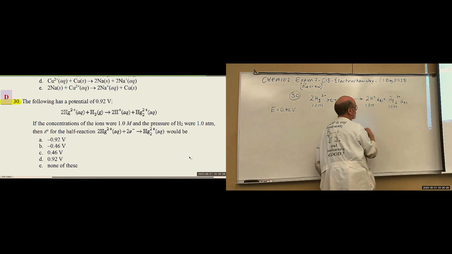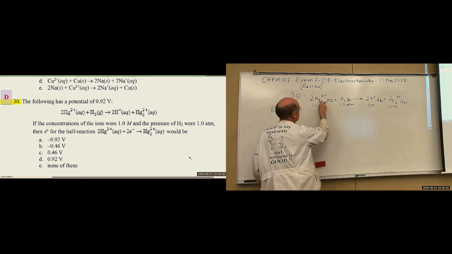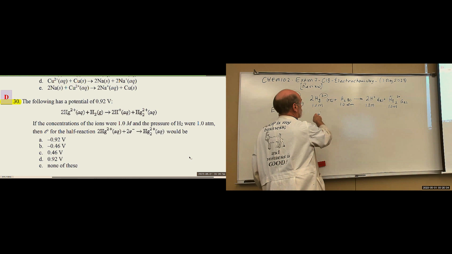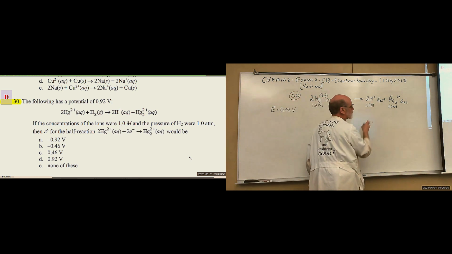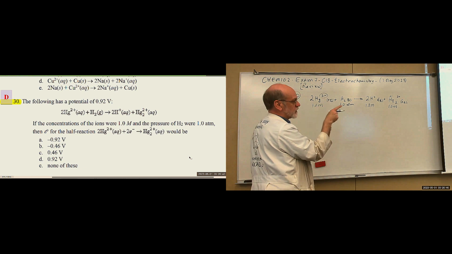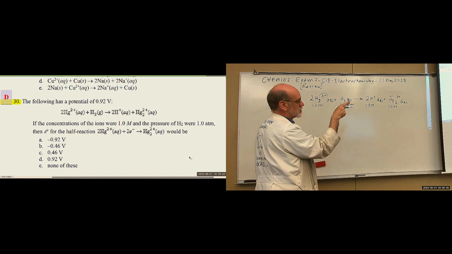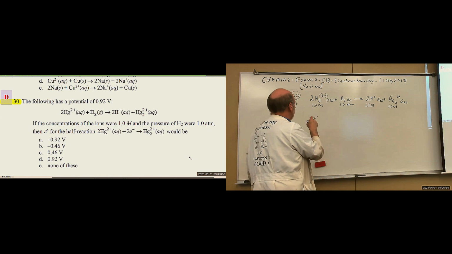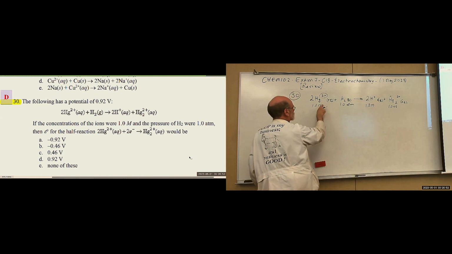Because there are 2 of them. And this one is 2 plus, because there's only 1. So it is reduced. It goes from 2 plus to 1 plus. That's true. So as written, 2Hg plus 2 electrons is Hg2 2+. So that's the reduction side.